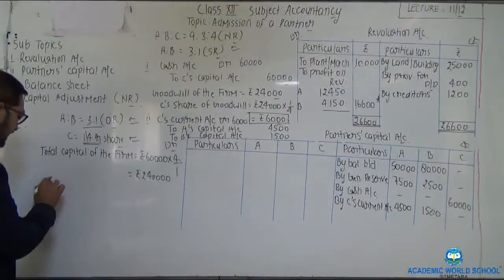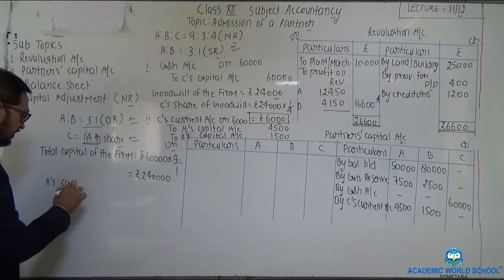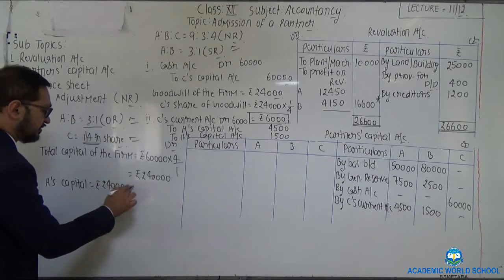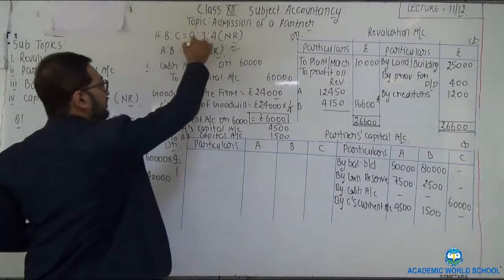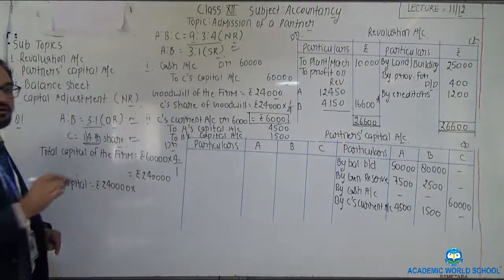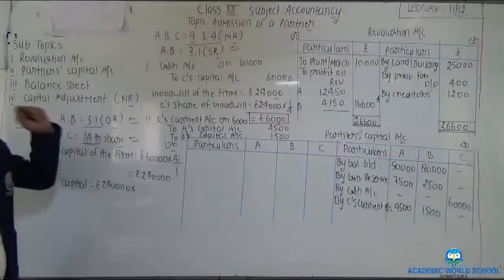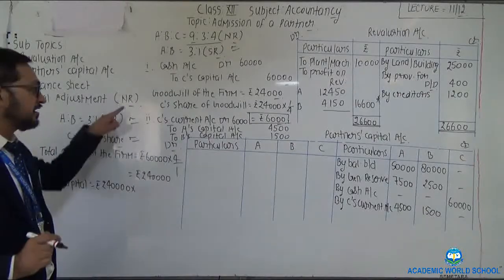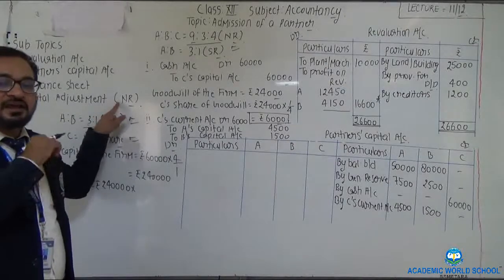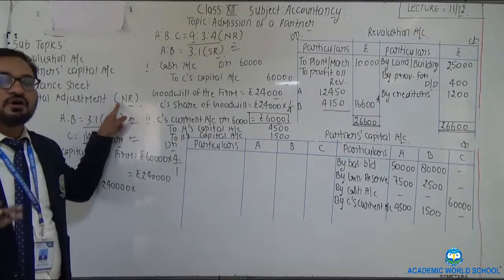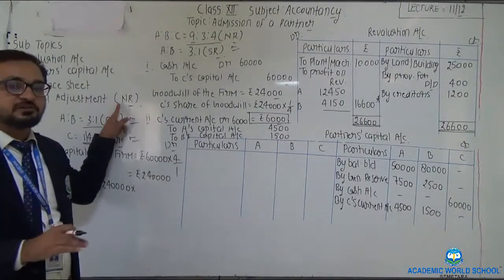Now calculate A's new capital. That would be equal to 2,40,000 multiplied by his new profit sharing ratio. Earlier I have mentioned that capital adjustment should always be solved in the new ratio only, in any chapter, whether retirement, admission, death or change in profit sharing ratio.